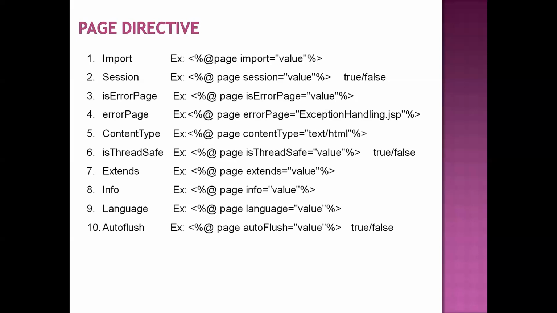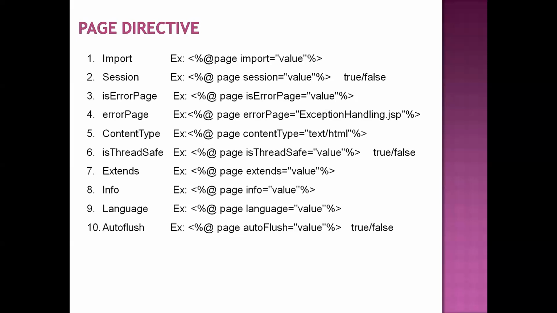If you set the value as false, that indicates that it will throw an exception whenever the buffer is full. So this autoFlush attribute is simply used to flush the buffer whenever it is full. If you set the value as true, then automatically once the buffer is full, that entire buffer will be flushed.